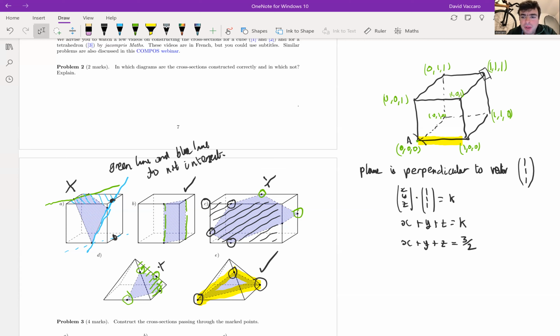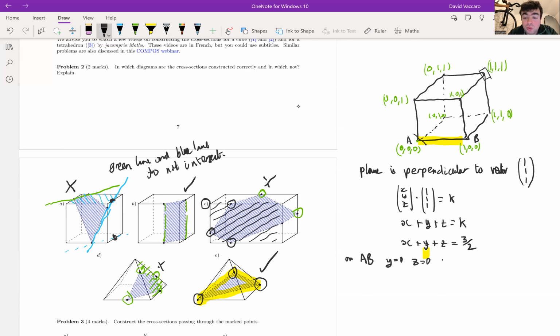Okay, but if y and z are both equal to 0, so if we consider AB, y equals 0, z equals 0. So the line is just x, and then x is between 0 and 1. So it's that little line segment.